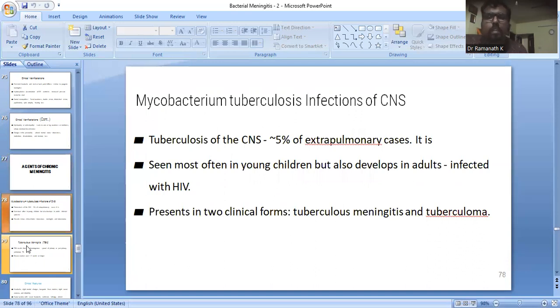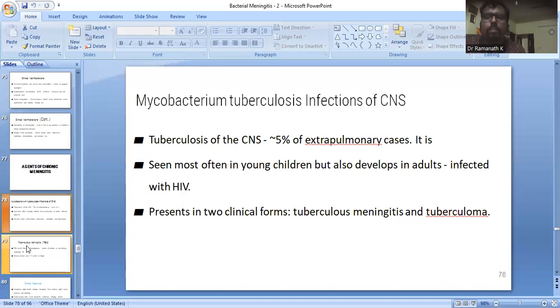So we will study the organisms which cause the infection in detail. Mycobacterium tuberculosis infection of the central nervous system is the leading cause of chronic bacterial meningitis. Almost 5% of extrapulmonary tuberculosis cases involve this CNS infection. It is seen often in young children, but also develops in adults infected with HIV.